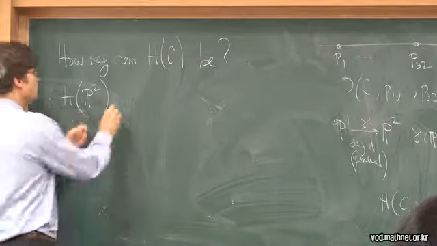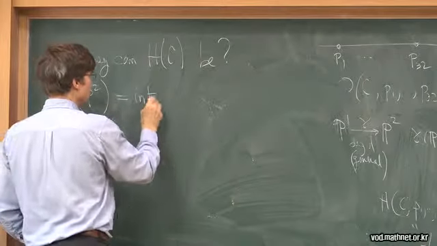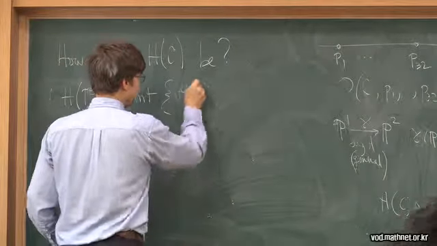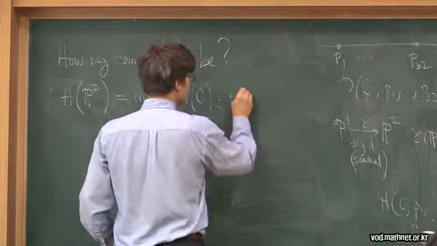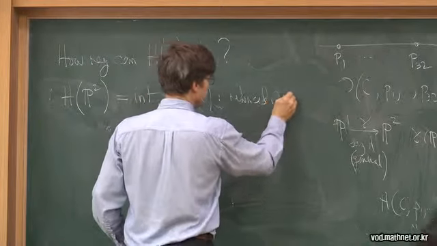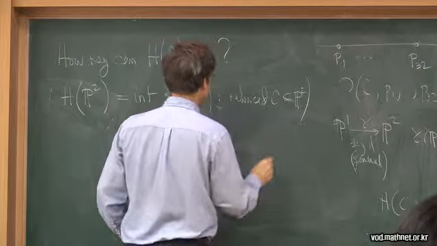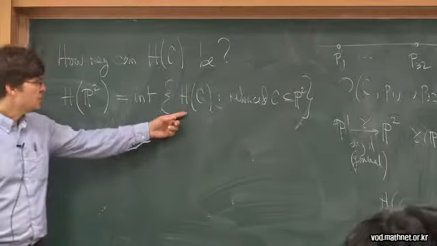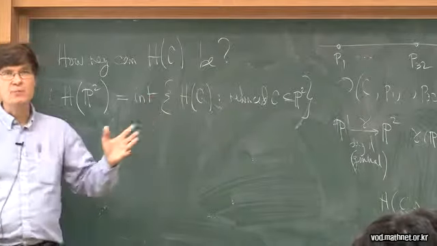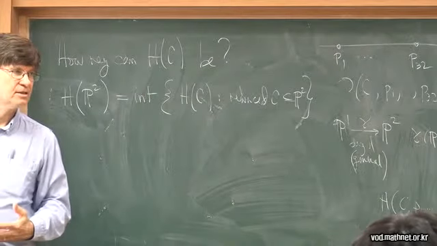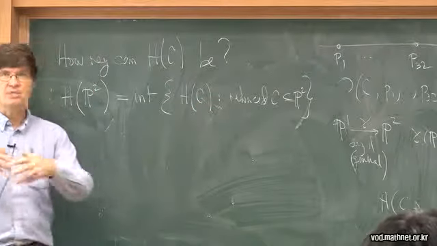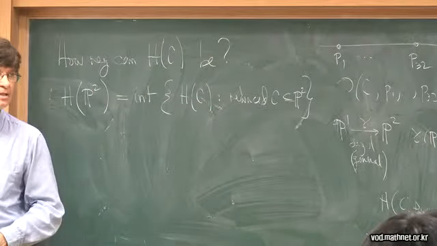H of P2 will be the infimum of H of C for all reduced C in P2. So take the infimum. It might be negative infinity. Maybe there's a sequence of curves where the H constant becomes arbitrarily negative.